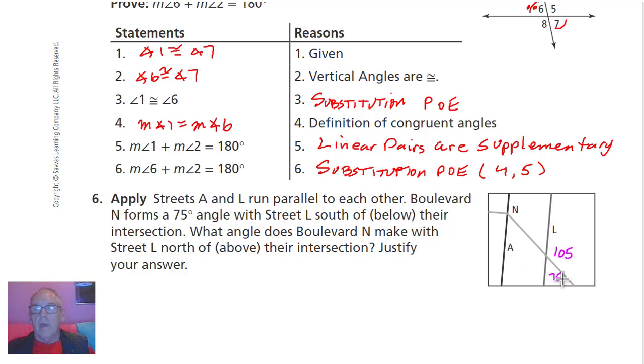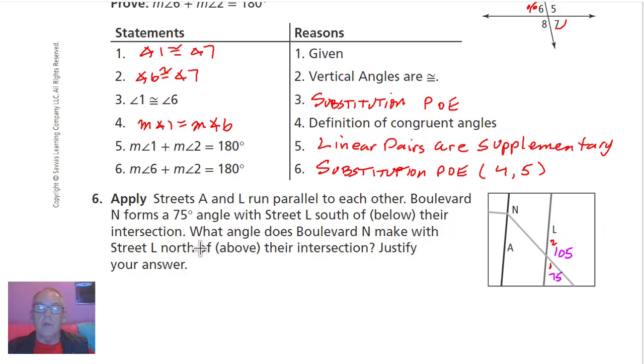So I guess that's the answer they're looking for. We need to justify our answer. So let's number these angles so we can refer to them. Let's call this angle 1 and angle 2.